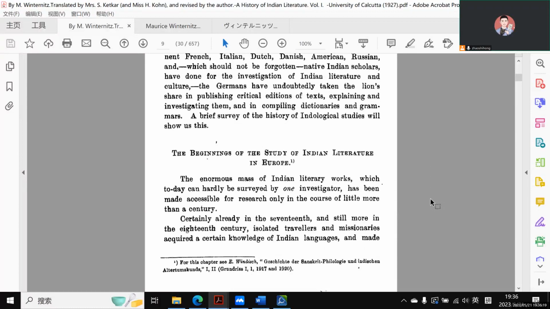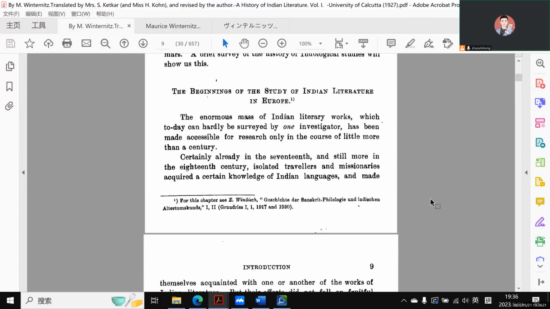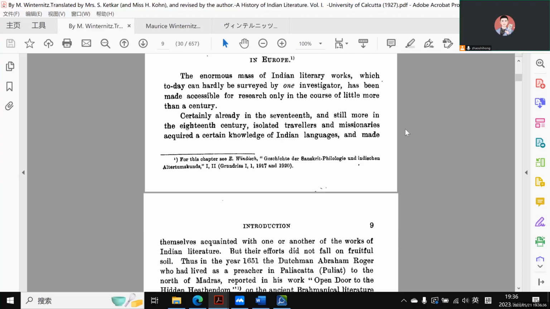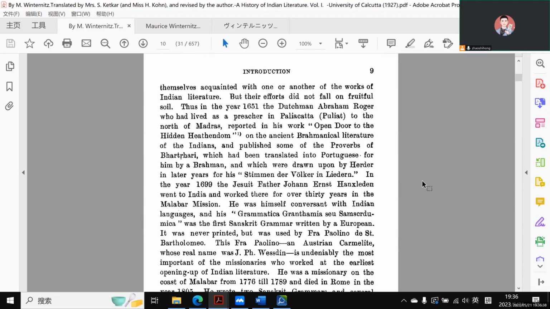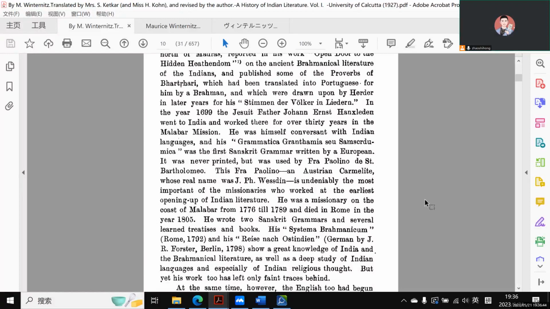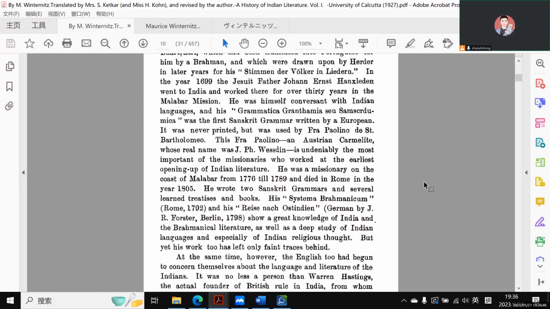Yeah. Okay. And the second part we should read today is the history of studies of Indian literature in Europe. That can be somehow boring, but I think some of the names mentioned in this part deserve to be remembered. Let me see which one.